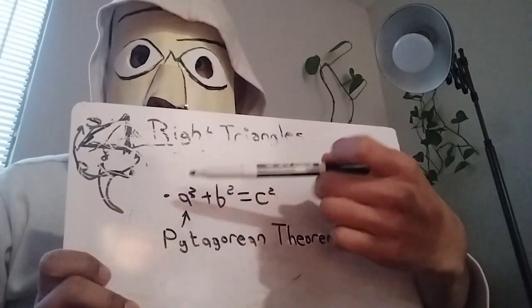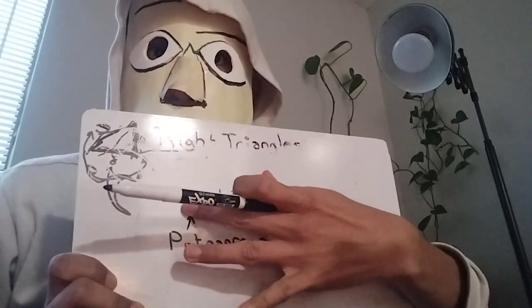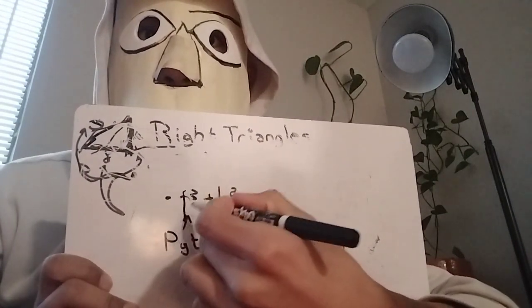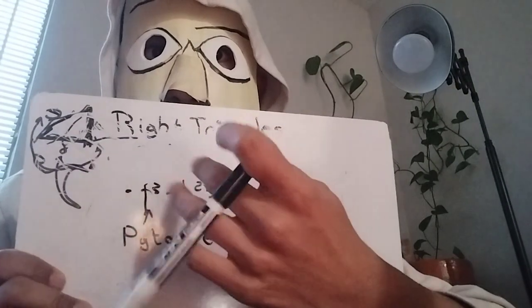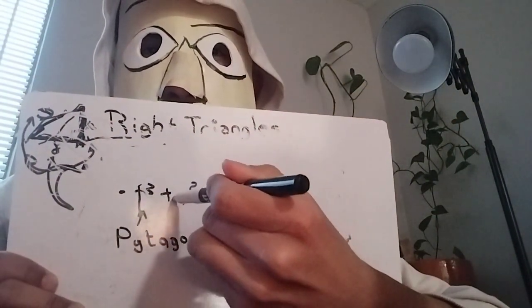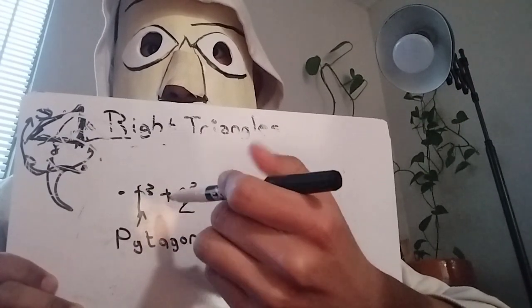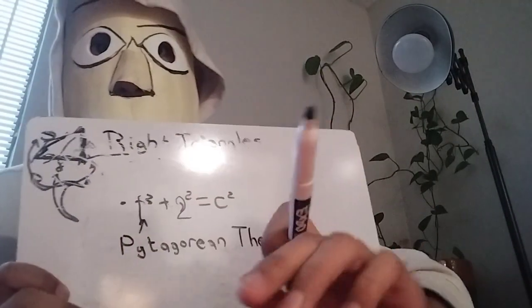So let's say this side is 1, so this is 1 squared. We're trying to find c here. This side is b, which is going to be 2 squared. And this last part we don't know.